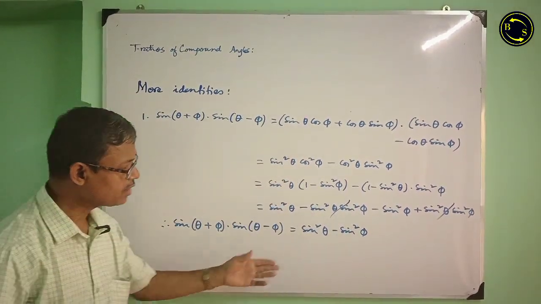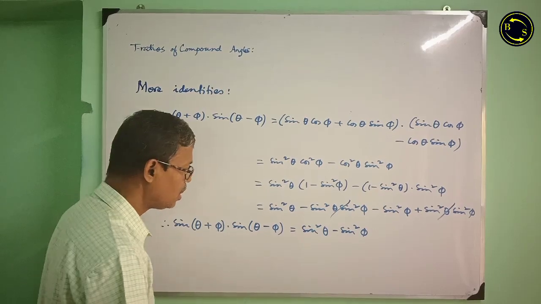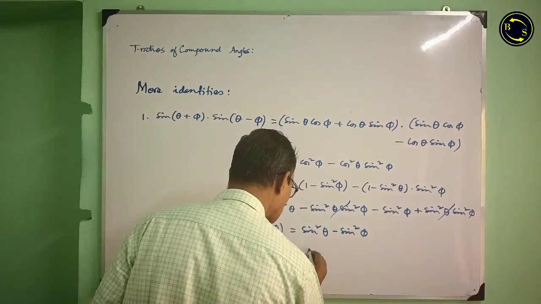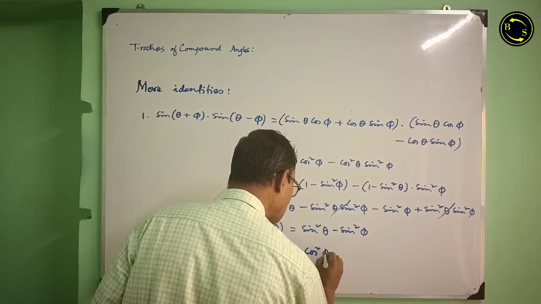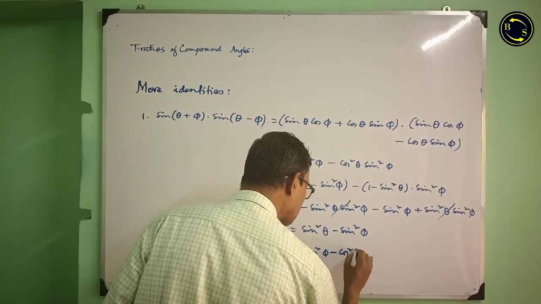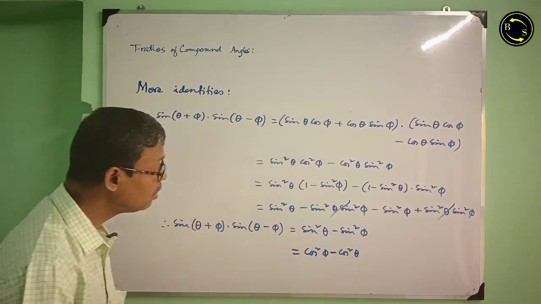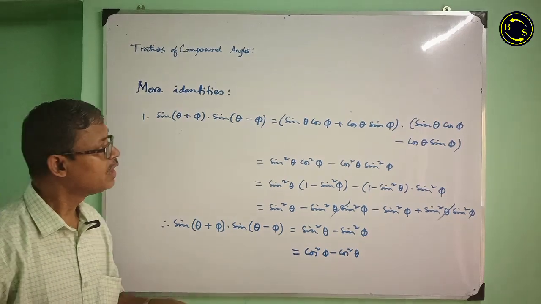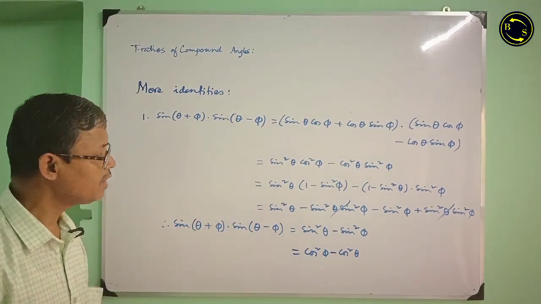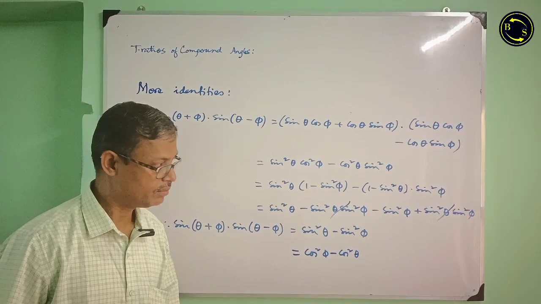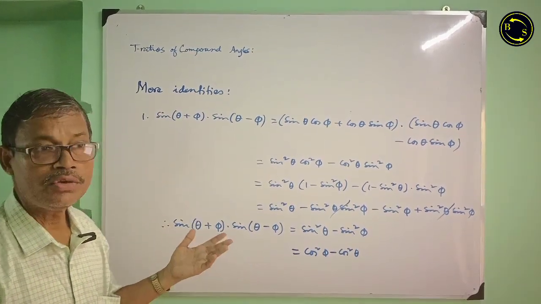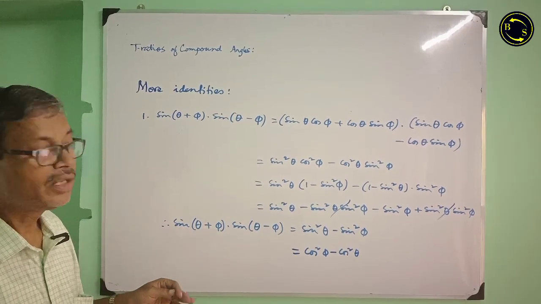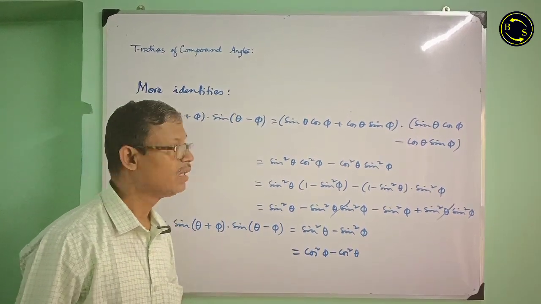We can now express this in terms of cos, and that will be equal to cos square phi minus cos square theta. Students are advised to deduce these identities yourselves. If you deduce this yourself, then you can memorize easily.